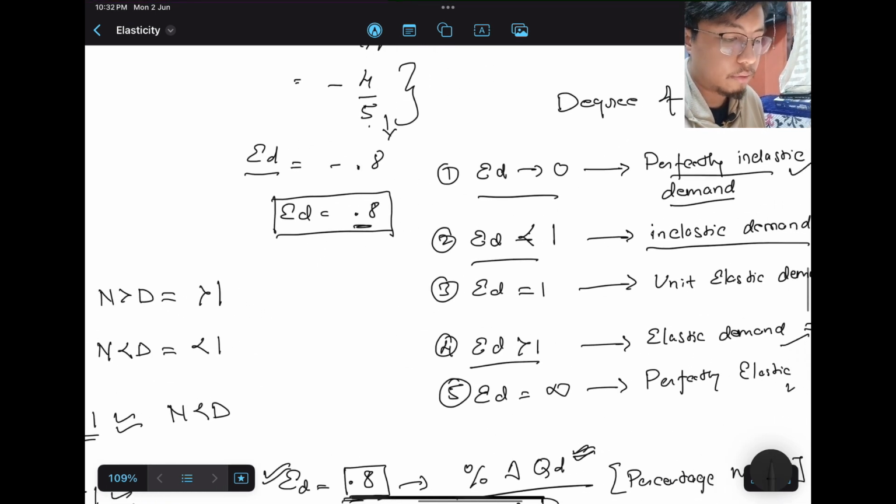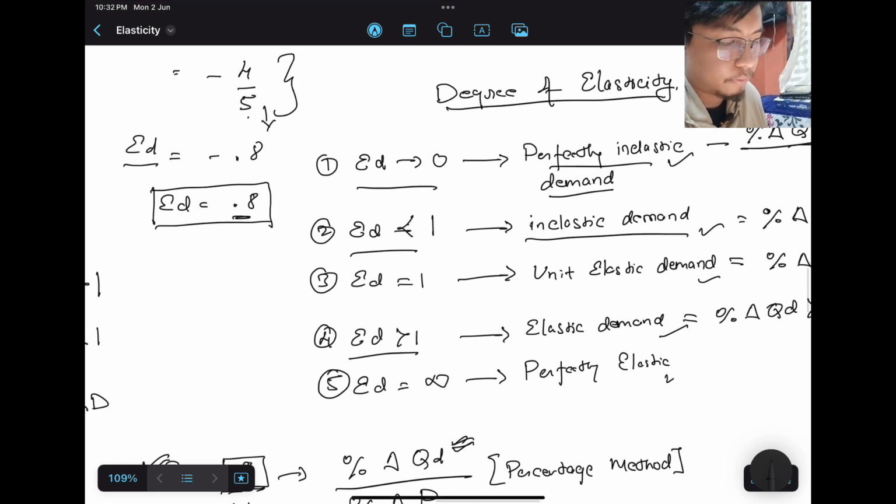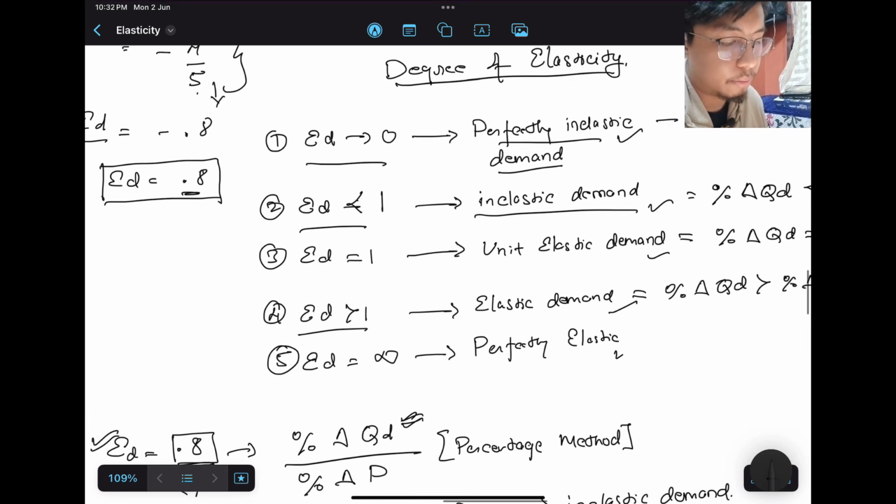Okay, now this is your litmus test. Next to this value, I've given you a brief degrees of elasticity. So you see, is it equal to 0? No. Is it less than 1? Yes. That means your price elasticity of demand is less than 1.